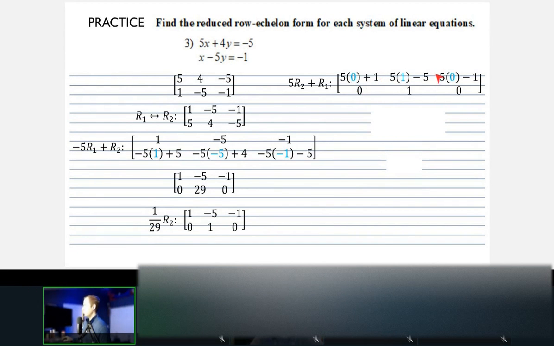So remember, 1, -5, and -1 are the current row 1 values. All right, once you do the math there, what do we get for row 1? 1, 0, -1?